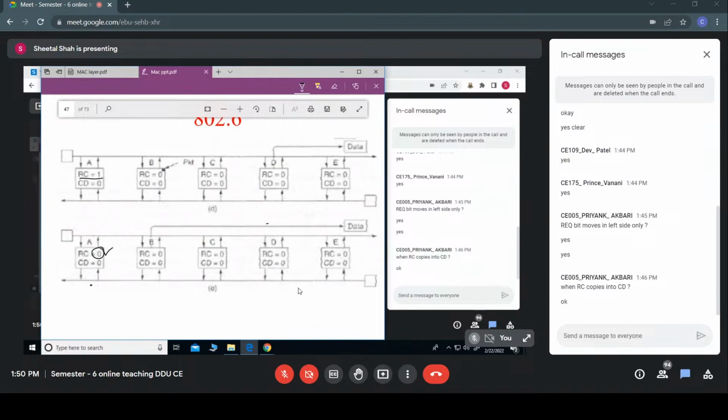Okay. Say suppose RC value is equal to 3 and CD is equal to say 4. What does it indicate? Say suppose station 3's RC value is 3 and CD value is 4. What does this indicate?